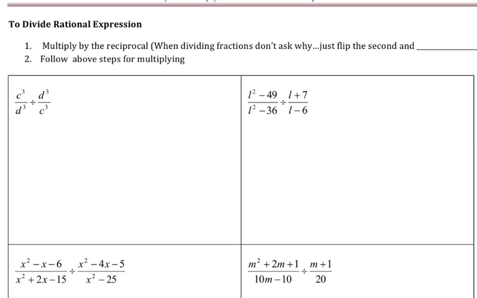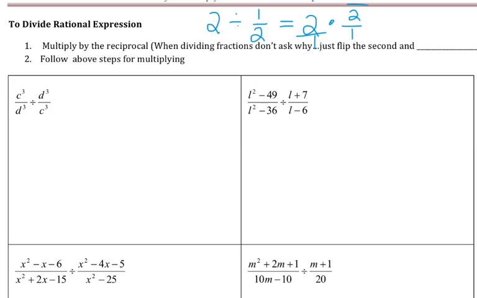Now, division, if you have forgotten how to divide fractions, if I have 2 divided by 1/2, we can divide by a fraction by changing that into a multiplication problem, but flipping the second fraction. It's called multiplying by the reciprocal. Then we just multiply like normal.